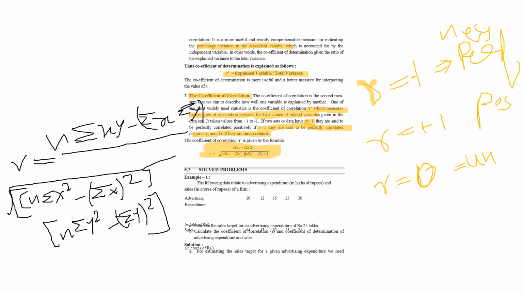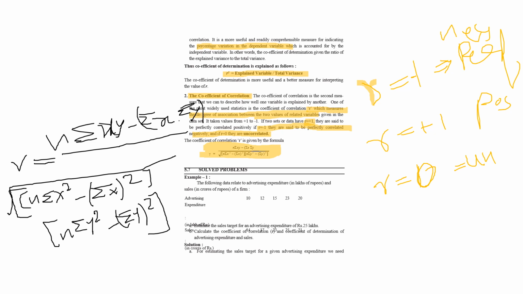n summation of xy minus summation of x into summation of y, divided by the square root of n summation of x square minus summation of x the square, into n summation of y square minus summation of y the square. This gives us the coefficient of correlation.